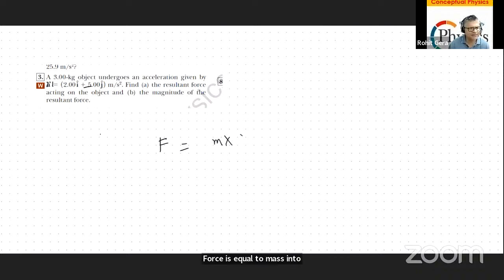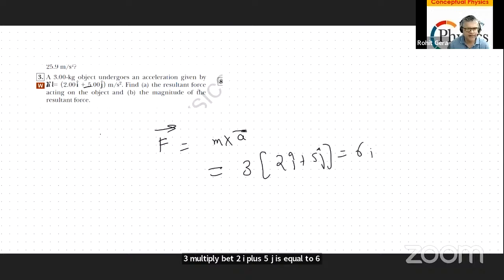It's a vector. So 3 multiplied by 2i plus 5j is equal to 6i plus 15j is the answer. The magnitude of this vector is the square root of 6 square plus 15 square.